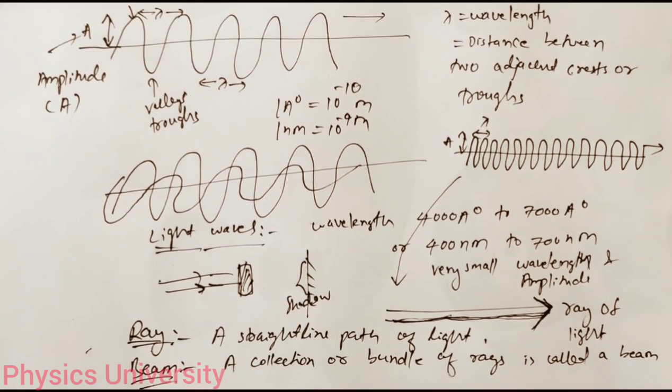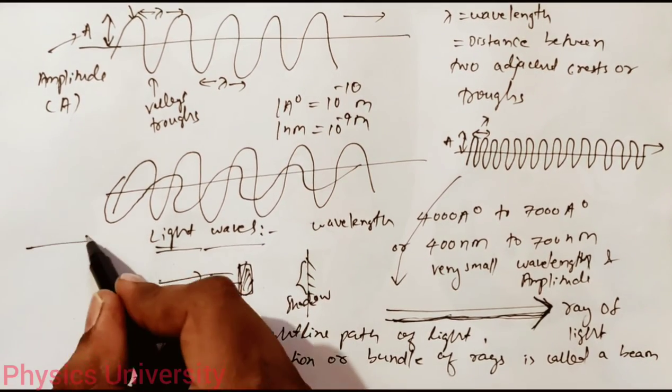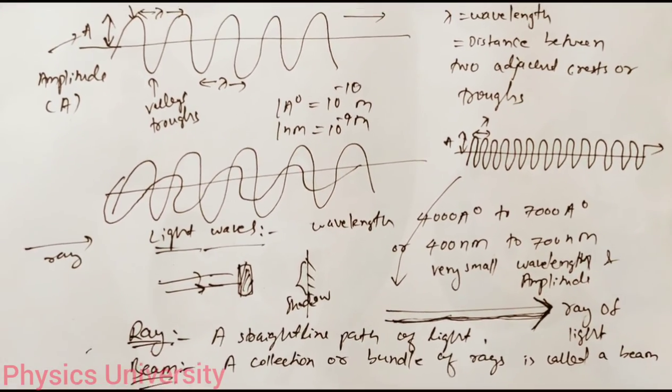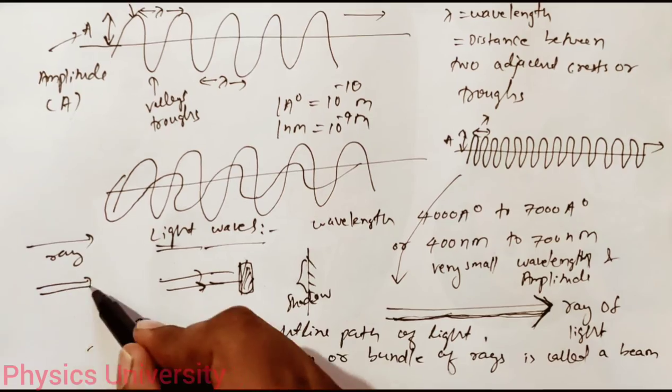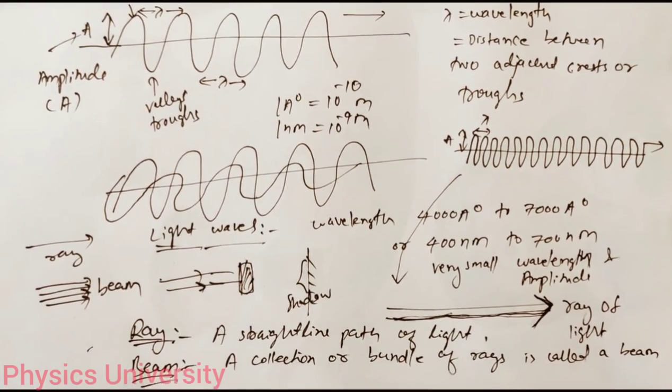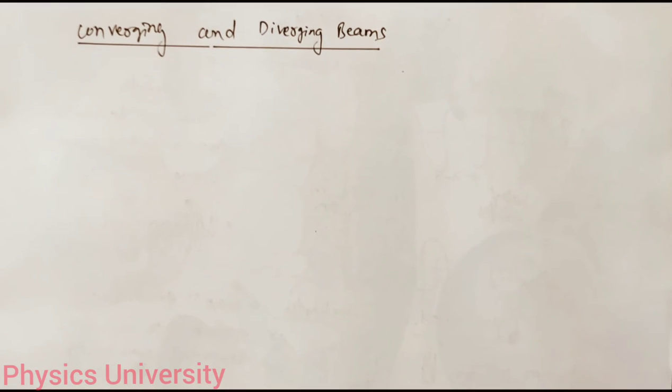So if you have a line, simply this is a ray, right? But if you have a bundle of rays like this, you can call it a beam of light.